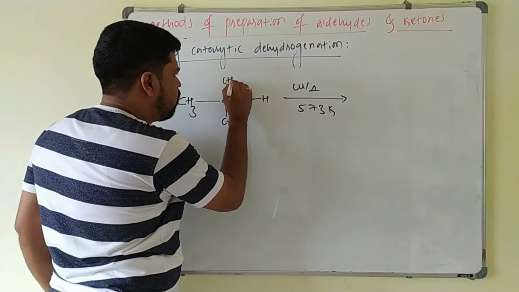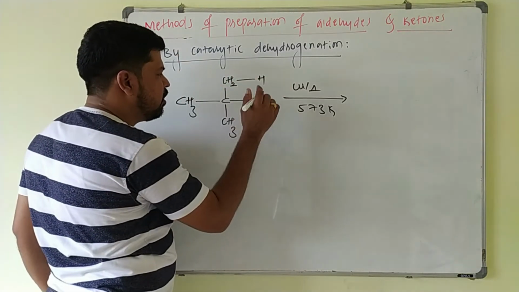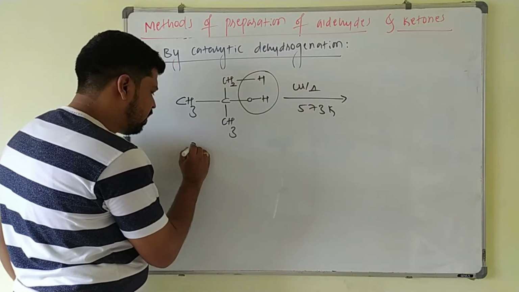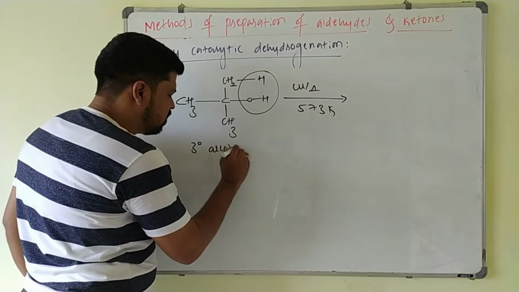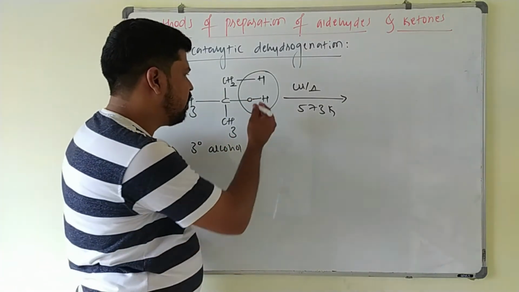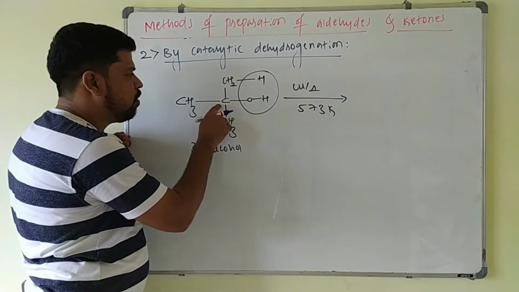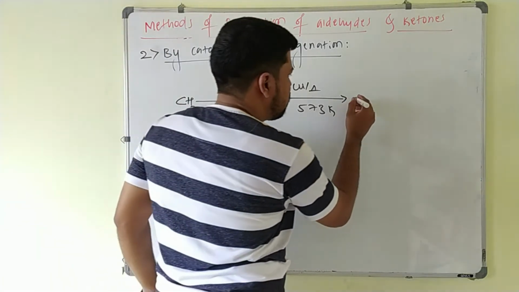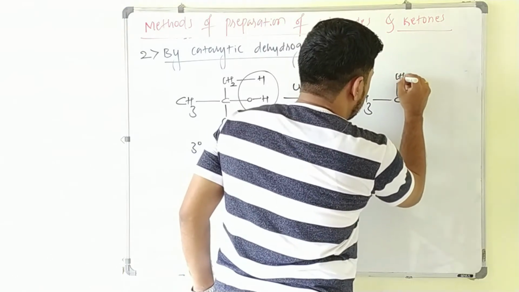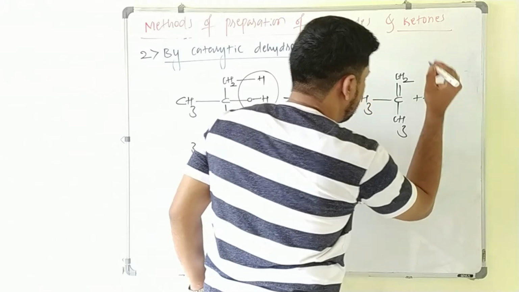From this carbon you take one hydrogen, and from this carbon you remove OH, so they undergo dehydration. Always keep in mind, tertiary alcohols undergo dehydration, not dehydrogenation. So they give what? Alkenes. There is formation of a double bond between this carbon and this carbon. So this is CH3 C double bond CH2, and this CH3 is as it is, plus a water molecule.